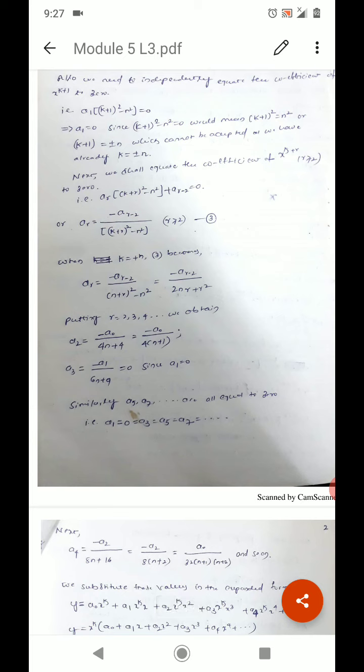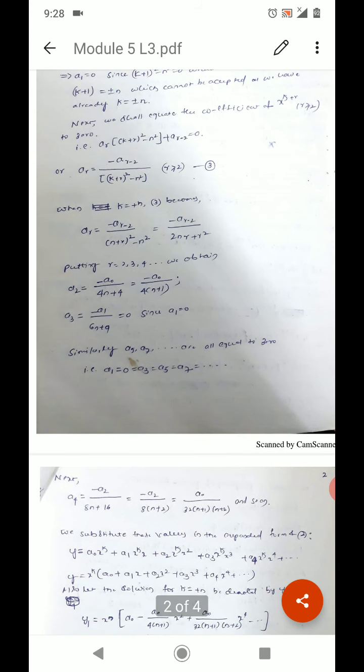When k is equal to plus or minus n, so we have the two values for k. First we take plus n, k is equal to plus n. Then equation 3 becomes ar is equal to minus a(r minus 2) divided by, taking k is equal to plus n, denominator becomes (n plus r) whole square minus n square, which is equal to minus a(r minus 2) divided by 2nr plus r square.